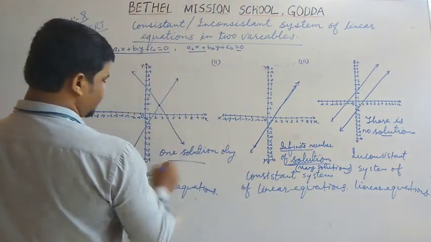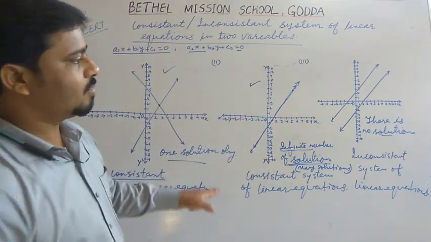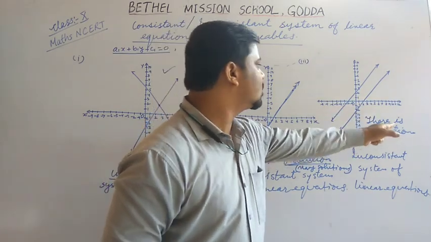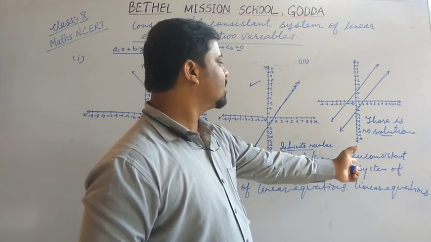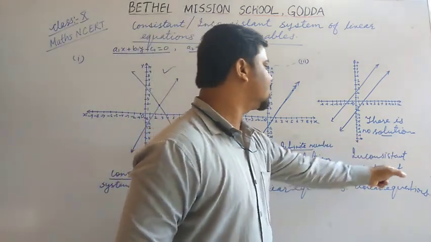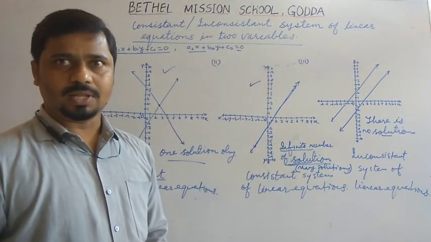In both cases it is called a consistent system. Third, if the lines are parallel, there is no solution. If there is no solution of these two equations, that is called an inconsistent system of linear equations. Okay, you understood?